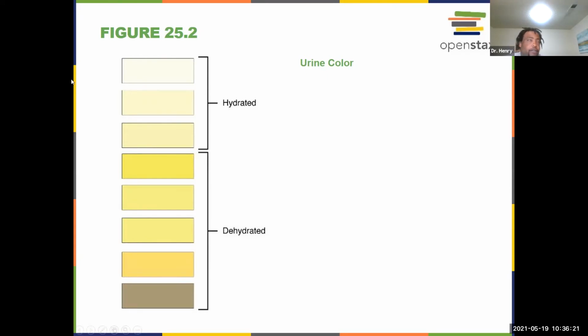Or we're not breaking down things the way they should be broken down, so they're only partially done. So basically, when our pee is light in color, it is hydrated. So often we'll use the urinary system to let us know how we're doing in terms of our hydration. We'll also know if there are any internal issues, because if our pee is slightly red, what does that tell us?